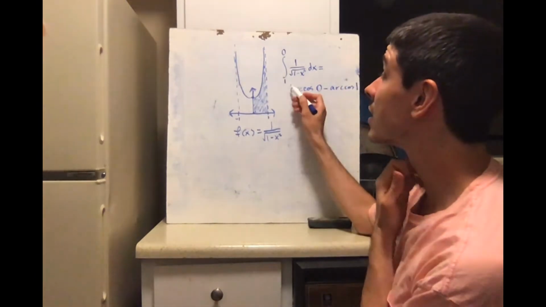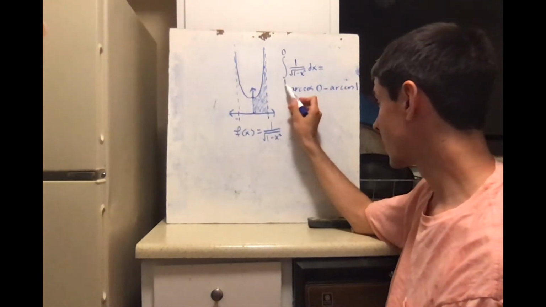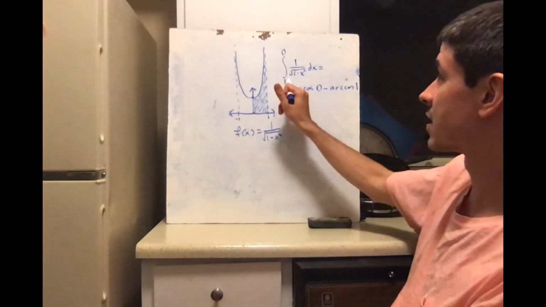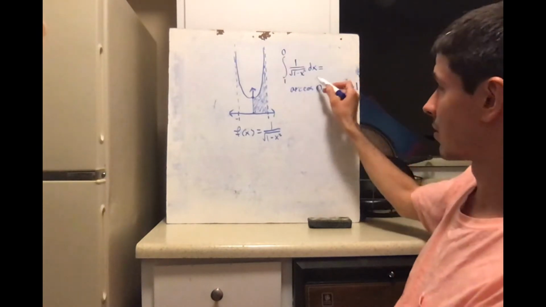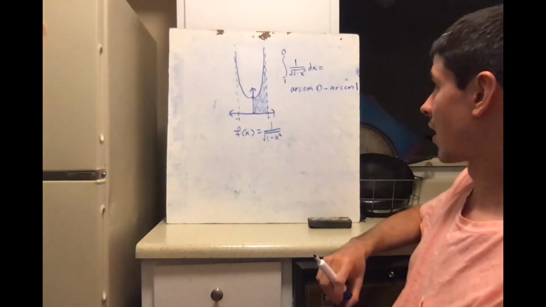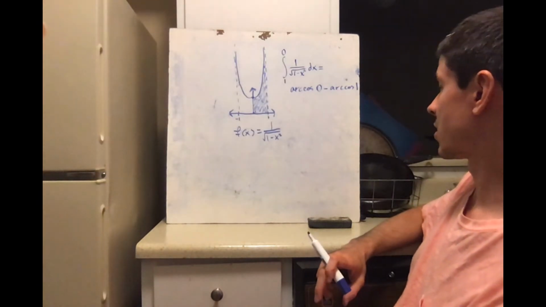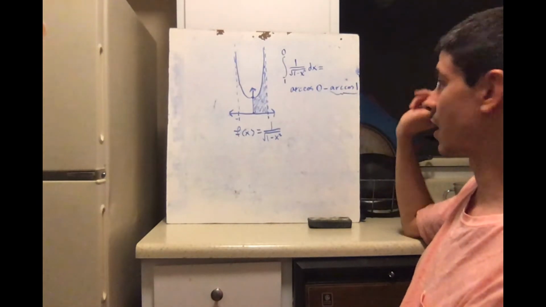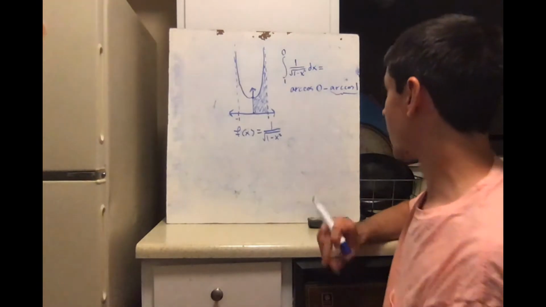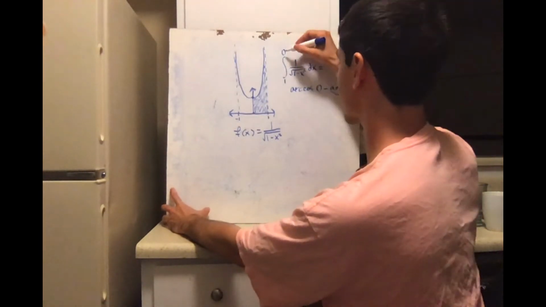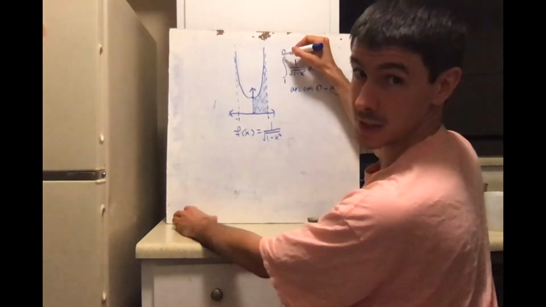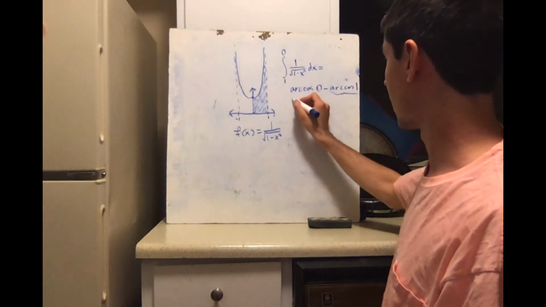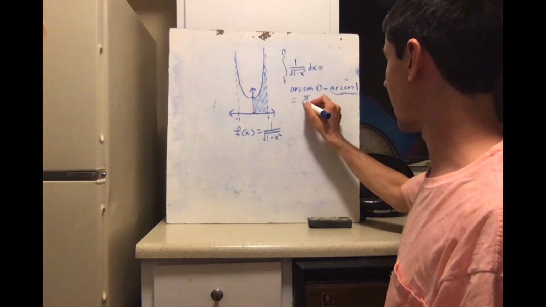By the way, it seems a little bit weird that we're going from a bigger number to a smaller number, but there's really no reason not to do that if you think about it. We established earlier that this integral is arc cosine, and that's again because arc cosine of 1 equals 0, and so this integral is arc cosine of the top bound. And so arc cosine of 0 is pi over 2.